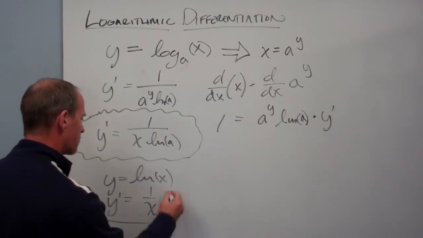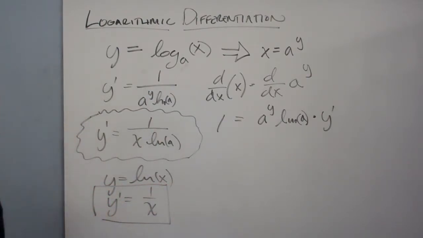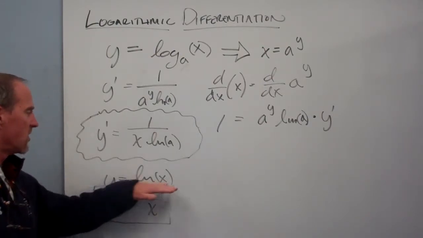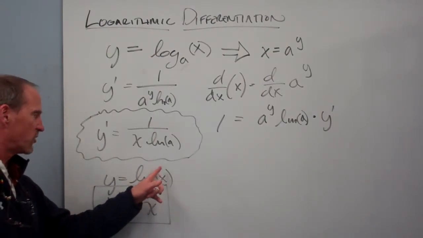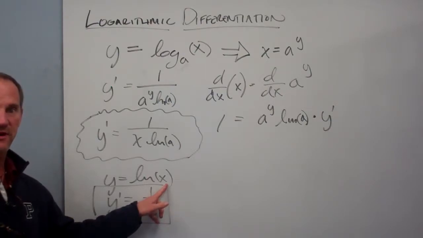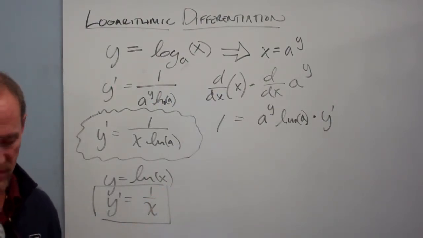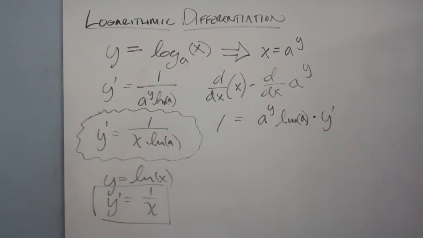You are going to use this an awful lot. Anytime we're taking the derivative of a log function, we can just put 1 over whatever is inside. So this is extremely handy when we go to solve some complex problems.